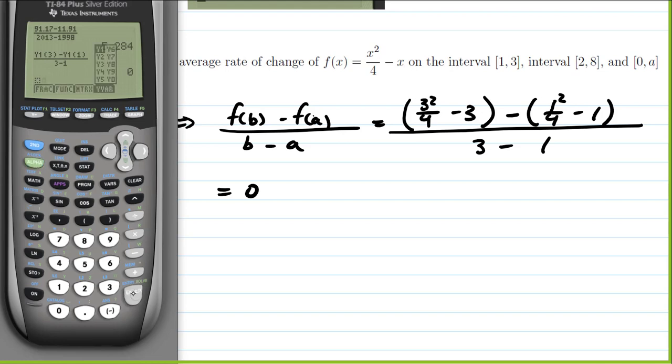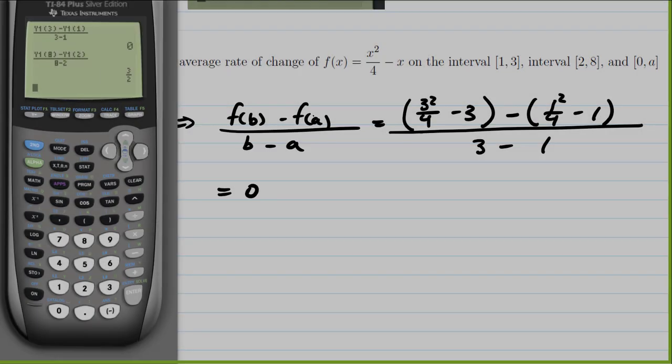So alpha trace y of 8 minus alpha trace y of 2 all over 8 minus 2. Hit enter. And this time we get that our average rate of change is going to be 3/2.